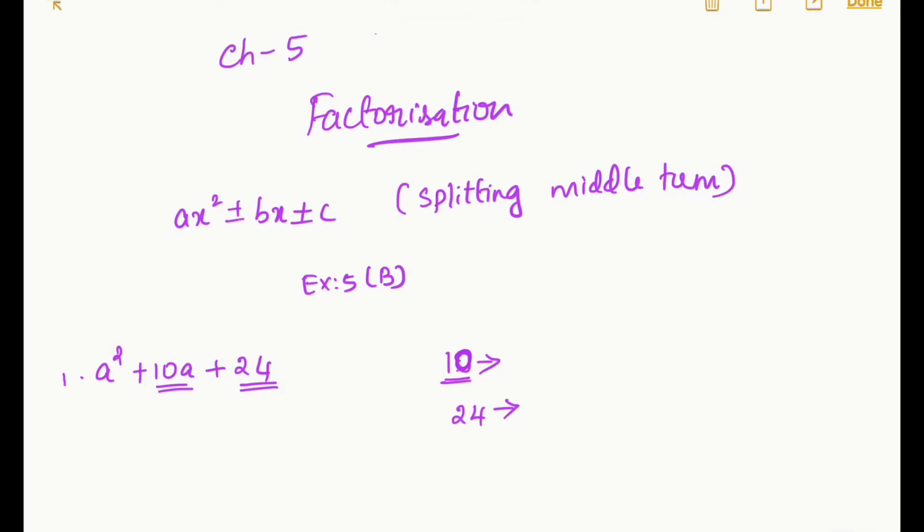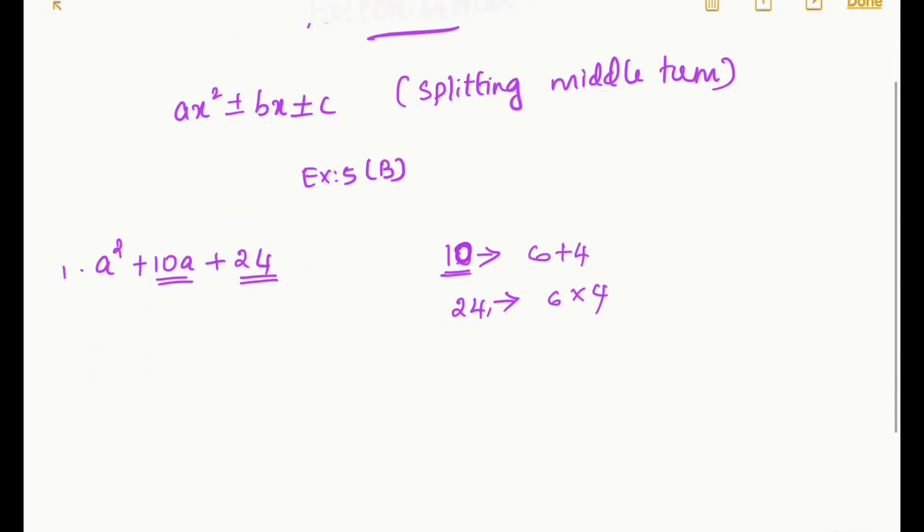You need two such numbers. So I can take the numbers as 6 and 4. Is it? 6 plus 4 is 10 and 6 into 4 is 24. If it was minus, we could have used other numbers, but it's both positive, so I'll be using 6 and 4.